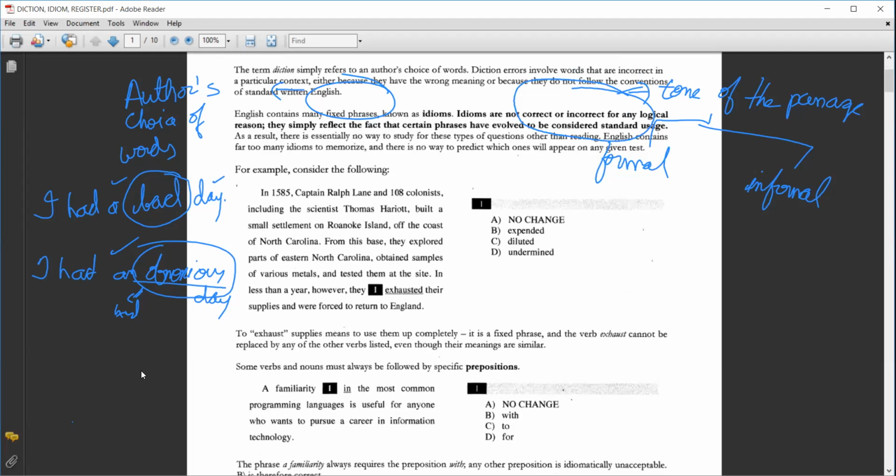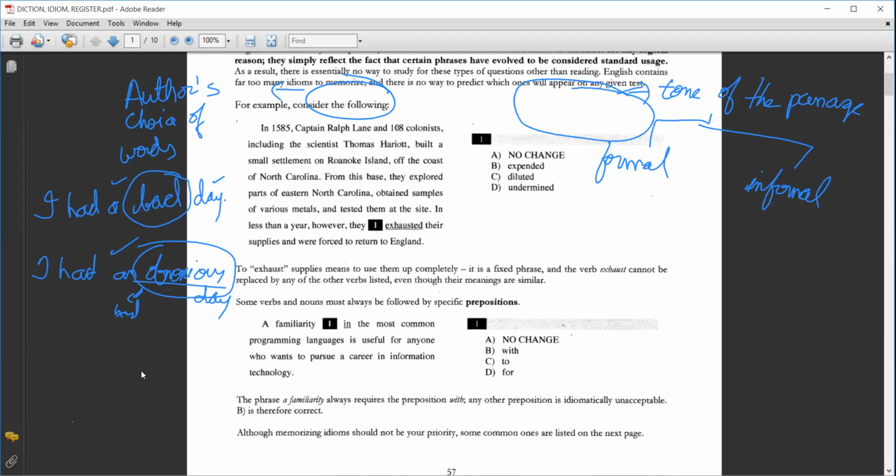So that is the meaning of diction and register. Then come to something called idioms. Now, idioms are not something you were taught in school. Those idioms are not tested here. What is actually tested are idioms related to prepositions.